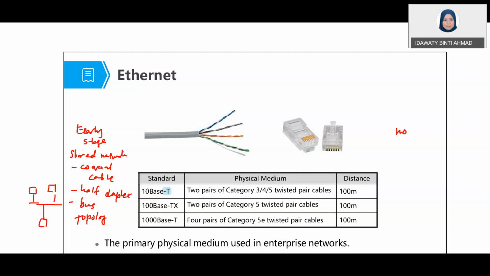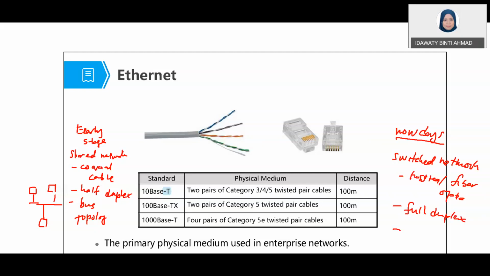Nowadays, what we have is a switch network, and we always use either twisted cable or fiber optic cable. Most of the time it is full duplex, and the topology that we use is star topology.